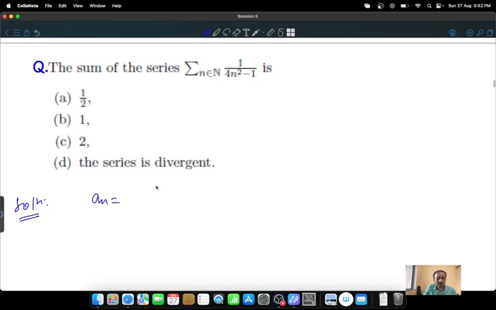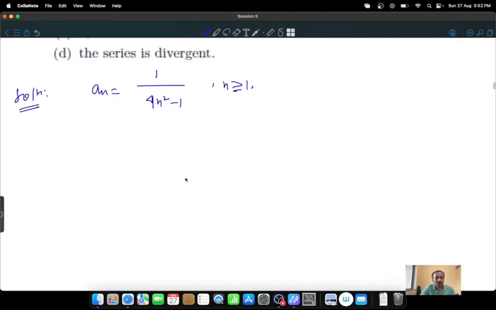Let a_n equal 1 by 4n squared minus 1, n greater than or equal to 1. Now you can write the term as 1 by (2n minus 1) times (2n plus 1). One small guess from here is that the factor 2n minus 1 and the other factor 2n plus 1 come consecutively.